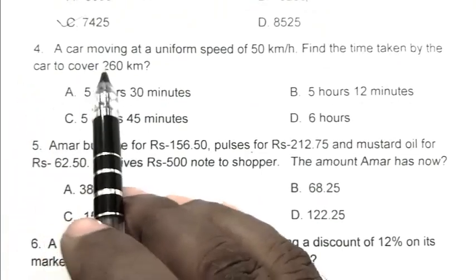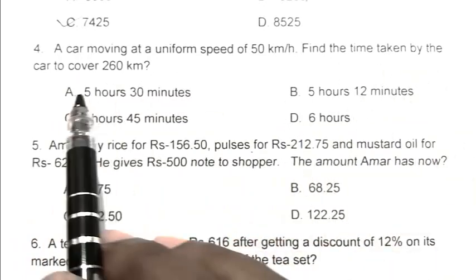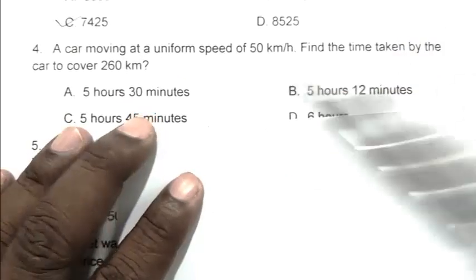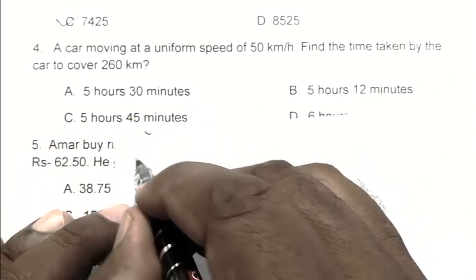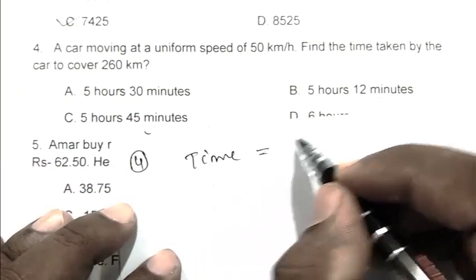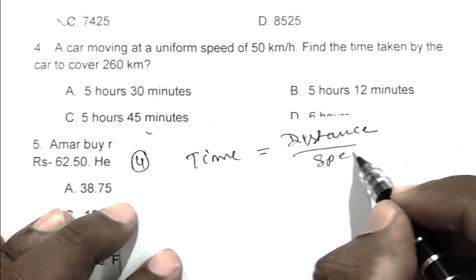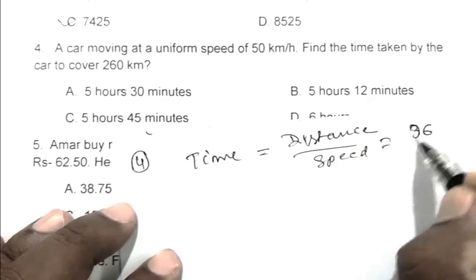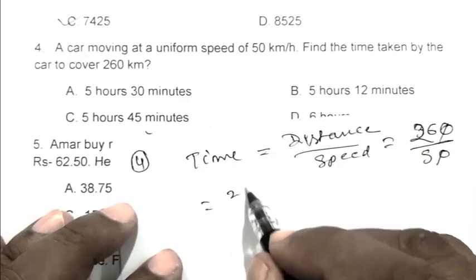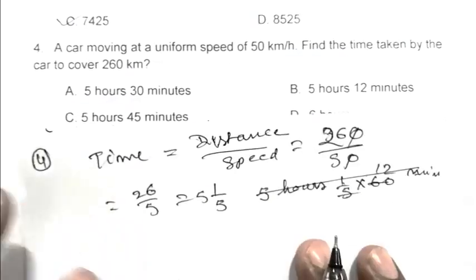Question number 4. A car is moving at a uniform speed of 50 km per hour. Find the time taken by the car to cover 260 km. So time is distance by speed, that is 260 by 50, that is 26 by 5, 5 whole 1 by 5.